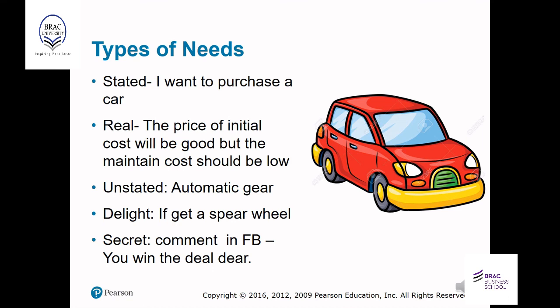So, stated need is what I'm stating. Real need is when I'm very specific about my stated need. Unstated need is when I need not express the specific need because I know when I'm stating the need, the particular feature is going to come to fulfill my need.